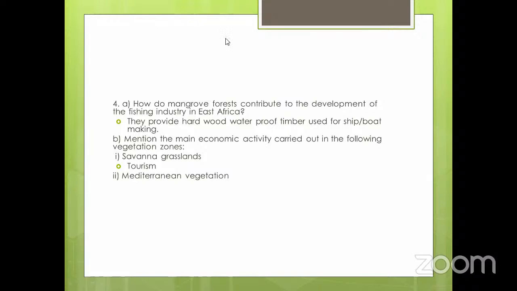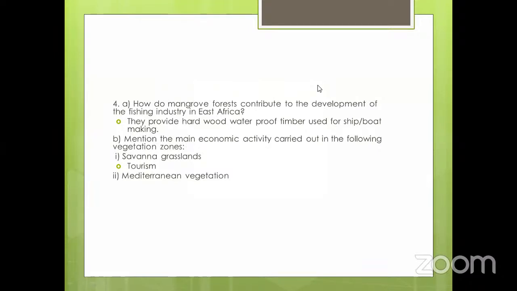P7. Is there anyone from P7 here? I need to know. Anyone from P7? Yes, Dan.